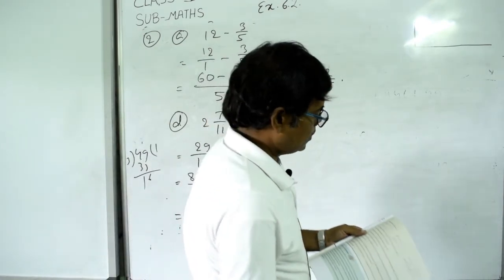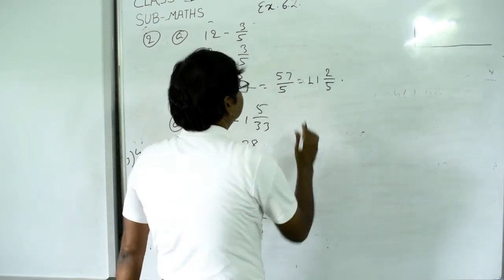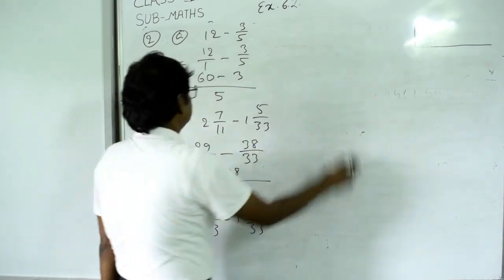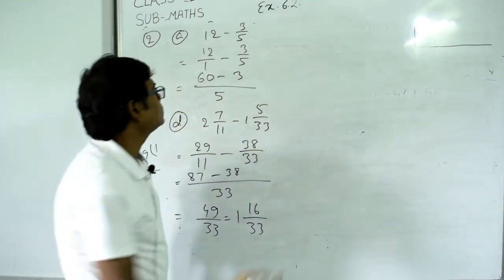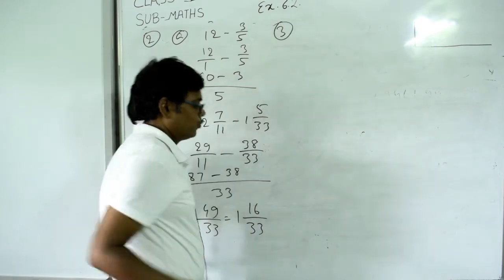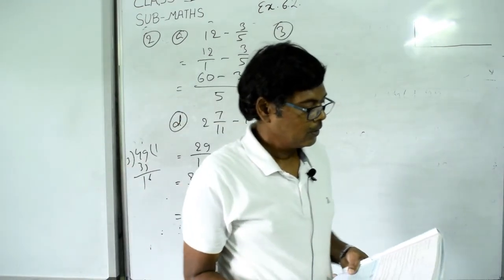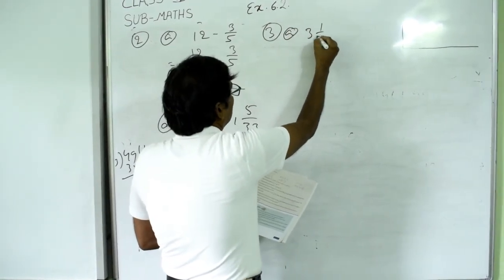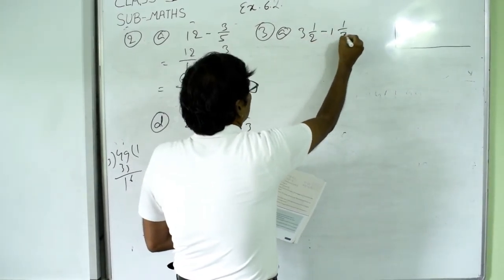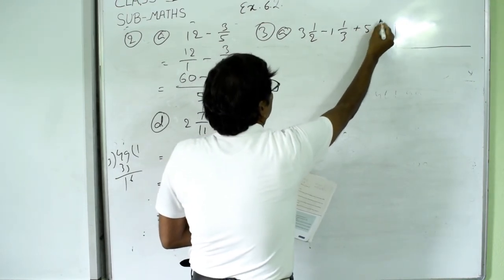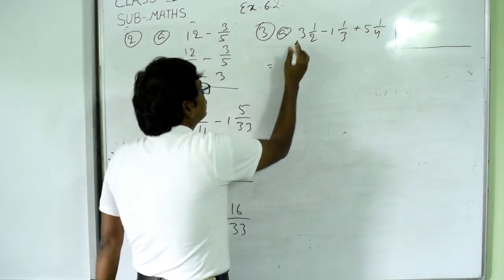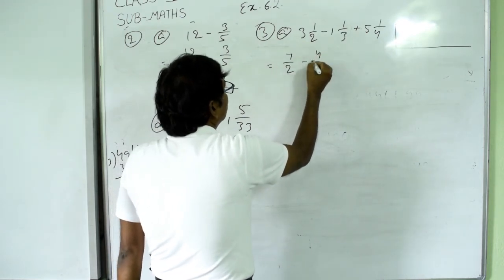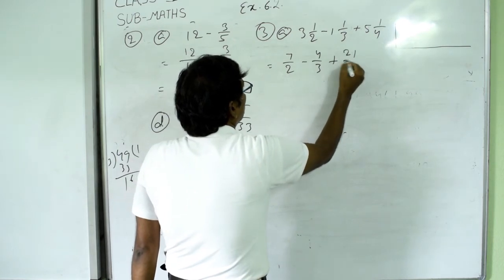Okay, now here the question number 3. A: 3 and half minus 1 and 1 by 3 plus 5 and 1 by 4. So 3 2s are 6 plus 1, 7 by 2, minus 3 1s are 3 plus 1, that is 4 by 3, plus 21 by 4.